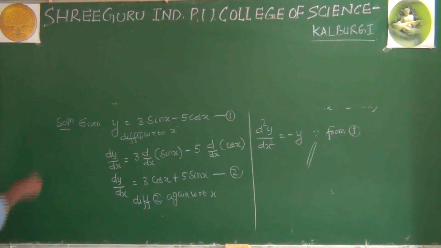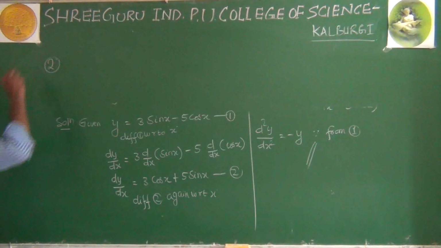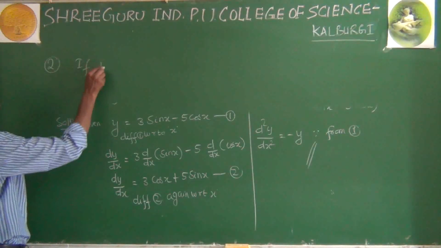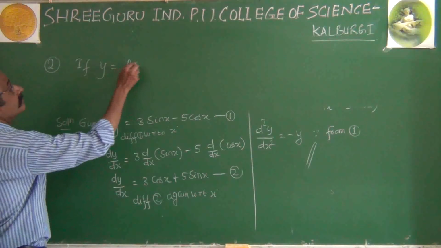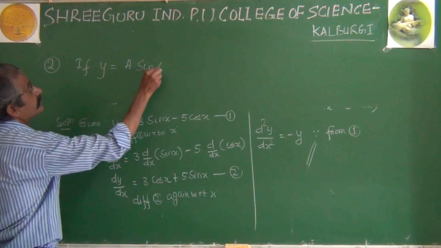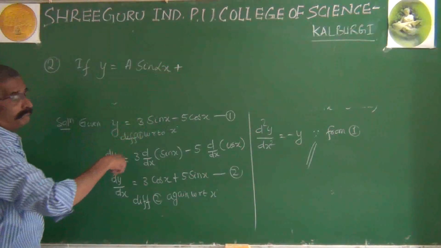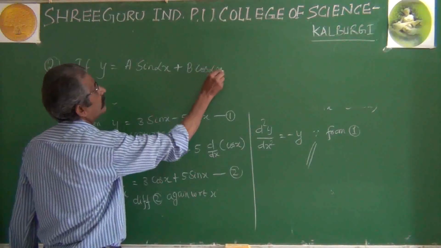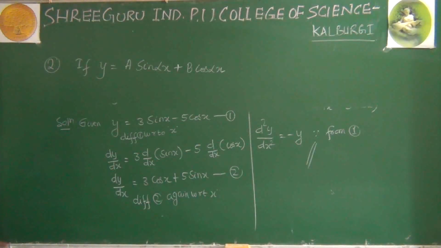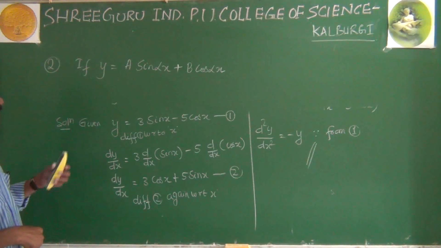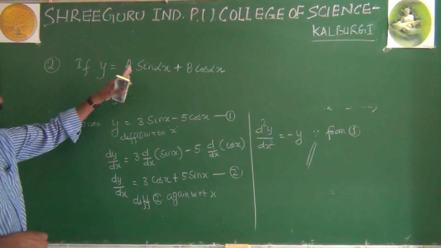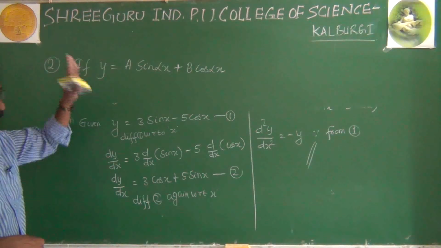Second question under the important problem scheme: if y equals a sin alpha x plus b cos alpha x. One can take this as a generalization of the last problem; the last problem can be treated as a particular case. In the last question, a and b were 3 and minus 5, and alpha was 1.